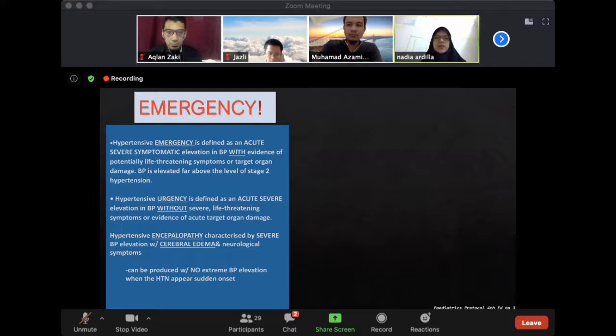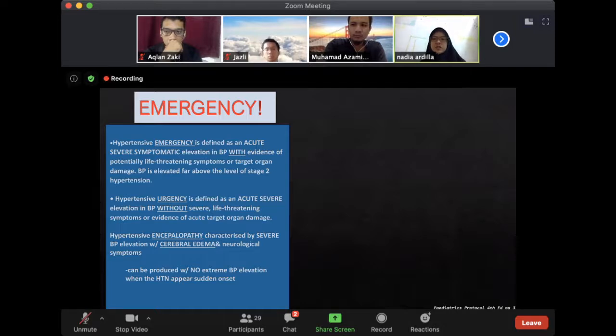Hypertensive urgency is acute severe elevation without target organ damage. Hypertensive encephalopathy is characterized by severe blood pressure elevation with cerebral edema and neurological symptoms. It can be produced without extreme BP elevation when hypertension has a sudden onset, because our brain cannot compensate for the sudden increase in blood pressure.